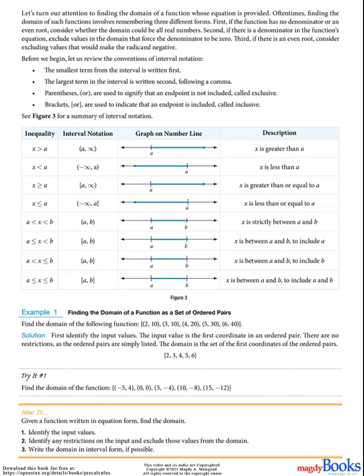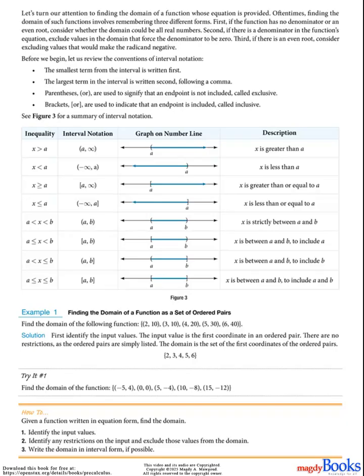Interval notation: (a, b]. Description: x is between a and b, to include b. 8. a ≤ x ≤ b. Interval notation: [a, b]. Description: x is between a and b, to include a and b. Figure 3.